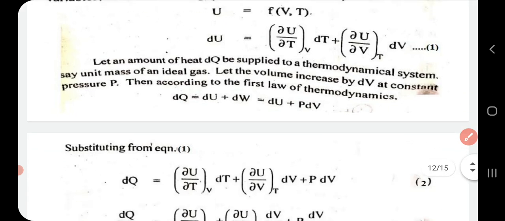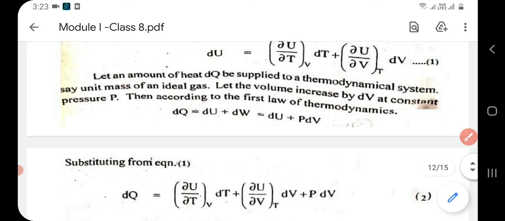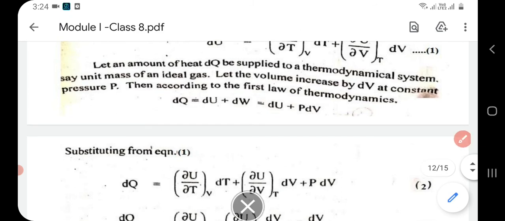Now substituting from equation 1, that is equation 1 you are going to substitute. So in place of this dq you have to write dq will be equal to du.